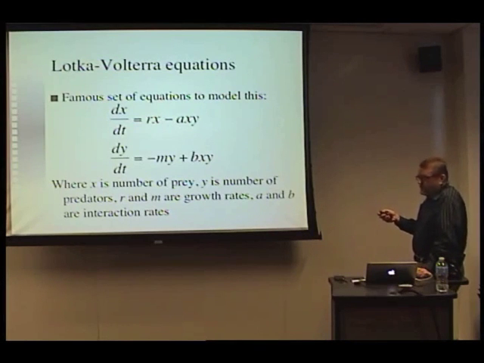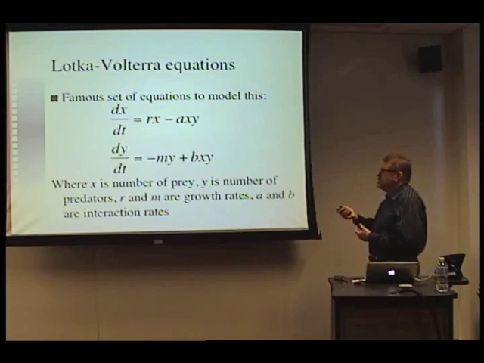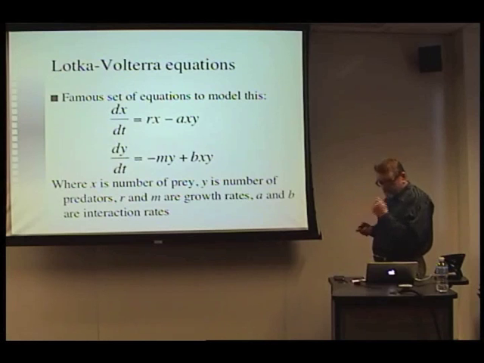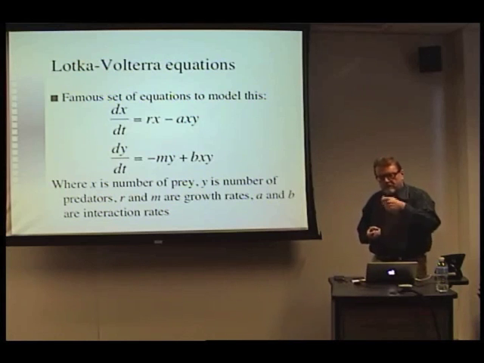So that's the growth of the prey organisms, but that's going to be compensated for. We're going to subtract from that the rate at which they are killed by the predators, and that rate, given by constant a, is going to be multiplied times the number of predators and the number of prey.